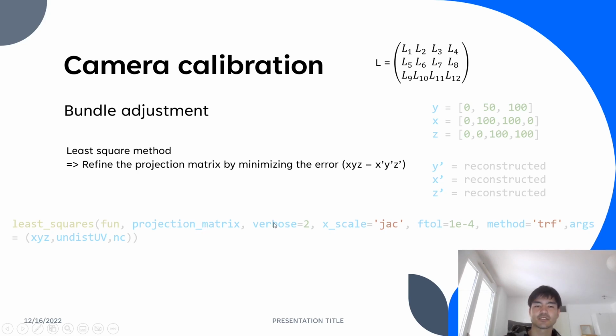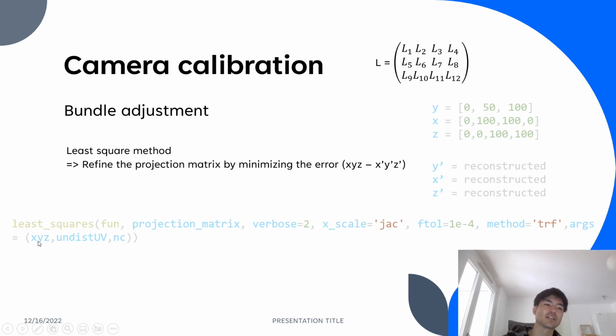Verbose is just how you want to visualize the processing, and x_scale, I just put a Jacobian, and the tolerance right here is how far you want to optimize. You can play around with this number, and the method to optimize, and additional arguments to calculate the error.